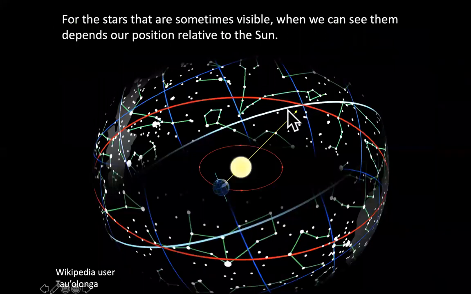What that means is even if those stars are above our horizon for some amount of time, it's really hard to see them because basically they're up during the day. So if the sun is here and we're here, these stars are hard to see because they're just up during the day when it's hard to look at stars.